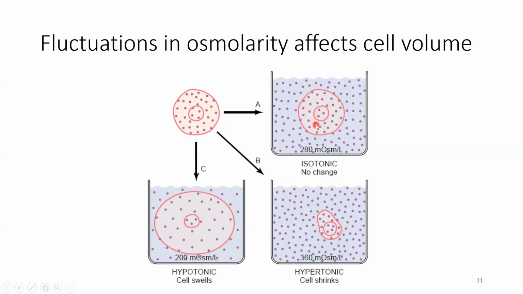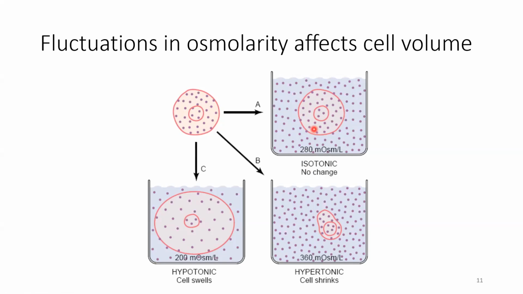And this is something that I want you to take a moment to let settle in. Remember, cells are surrounded by interstitial fluid, which is in direct link with the vascular space, that extracellular space.